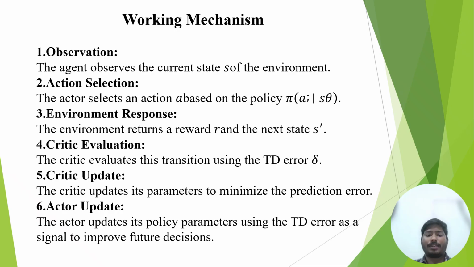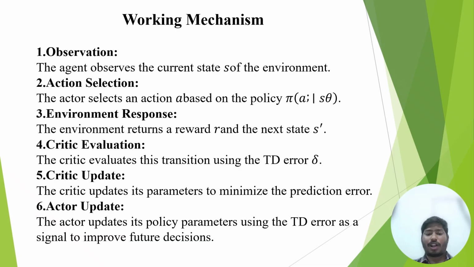Working mechanism. There are different steps in the working mechanism. The actor observes the environment's current state, and the next step is it chooses an action based on its policy. The environment returns a reward and a new state. The critic compares this reward to what it expected.